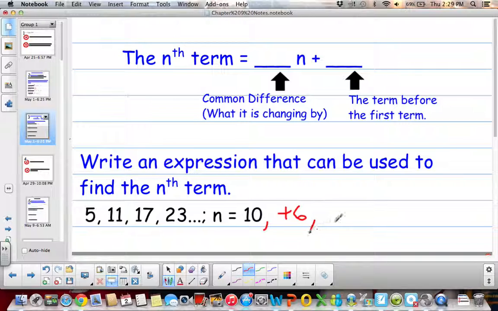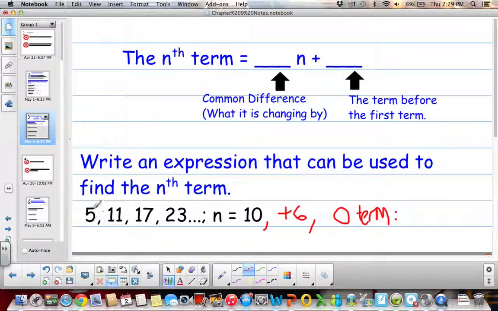Okay, and then the term before the first term, which we sometimes call the 0 term, because 0 is right before first.